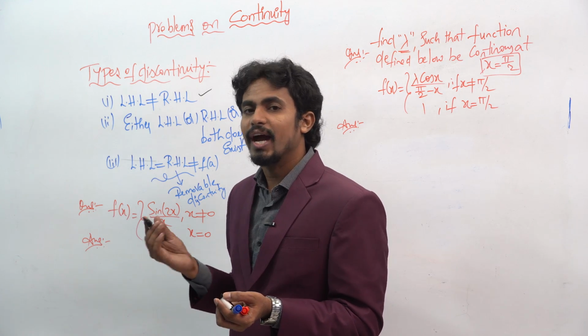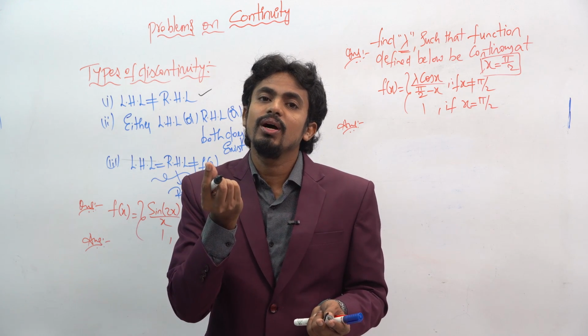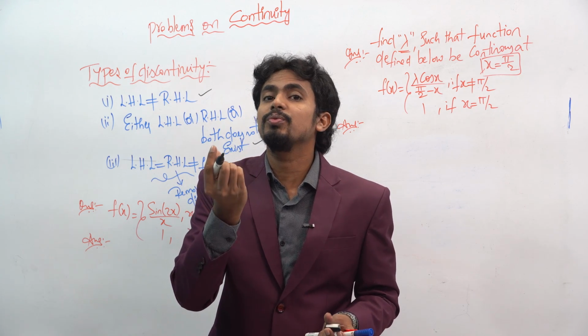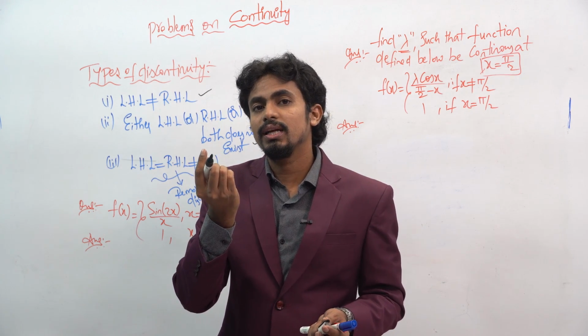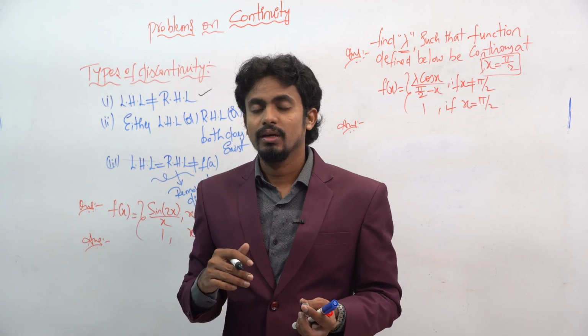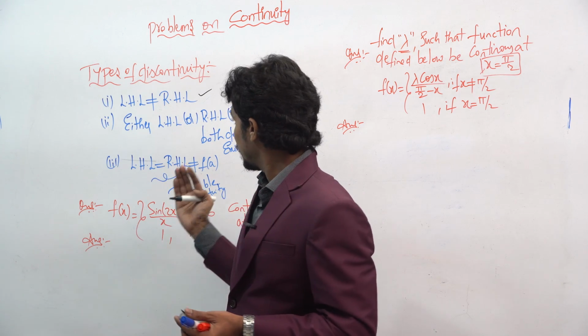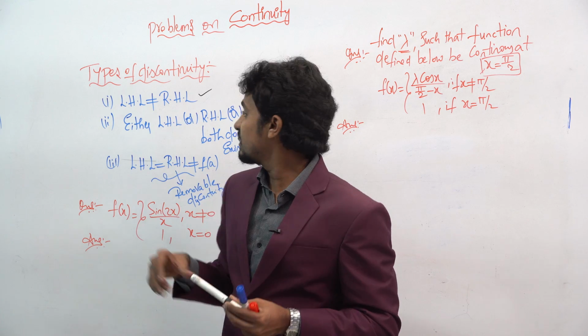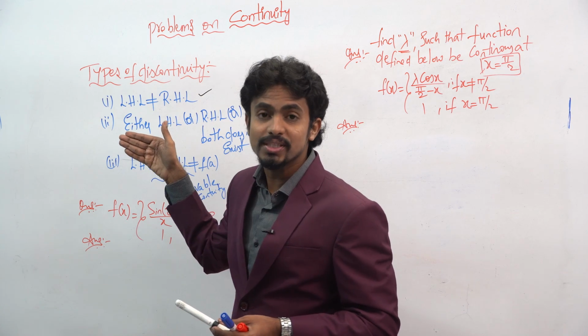That means we can remove it by putting in a suitable number, then the discontinuity will disappear, and that function is said to be continuous. These are the three types of discontinuities.